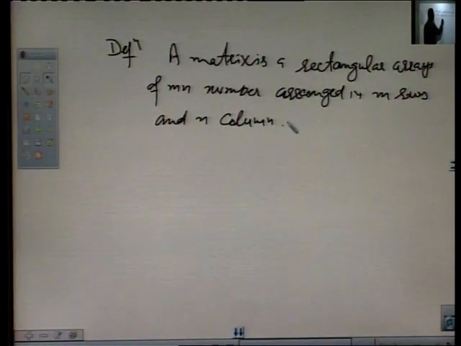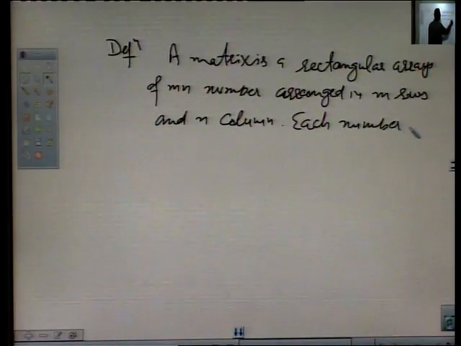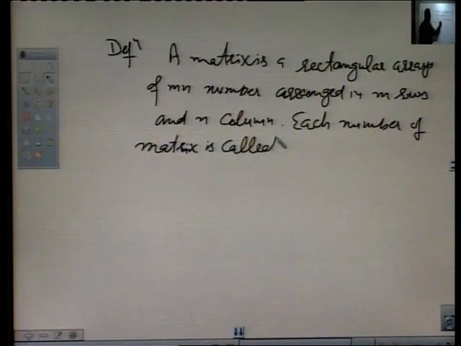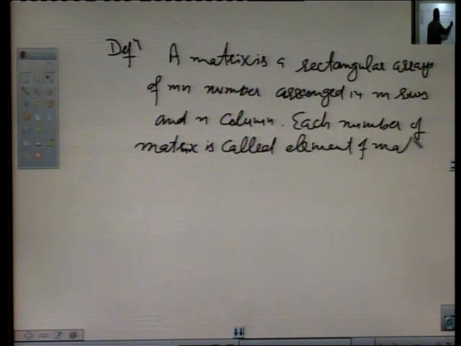Each number of the matrix is called an element of the matrix.